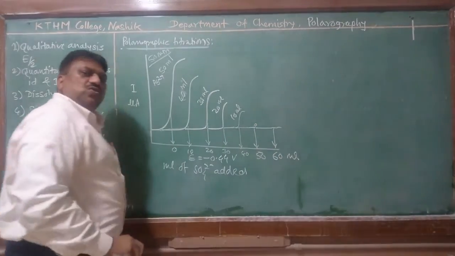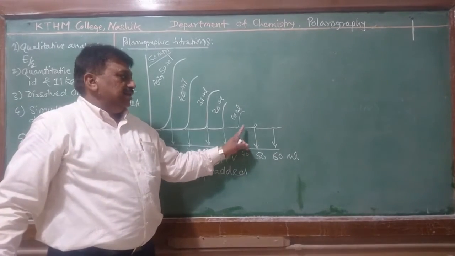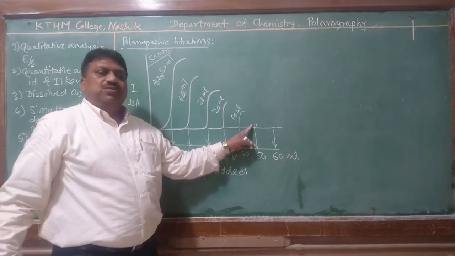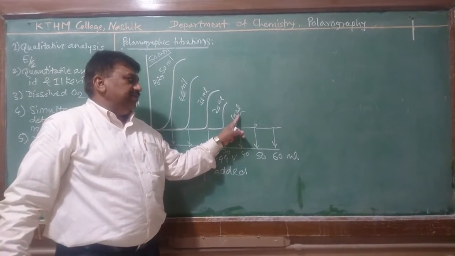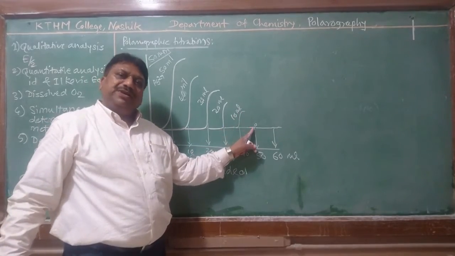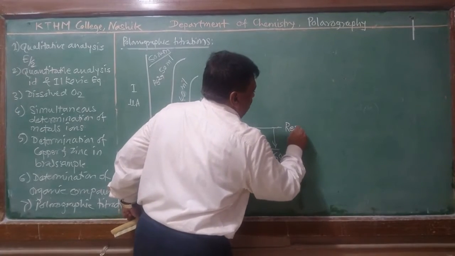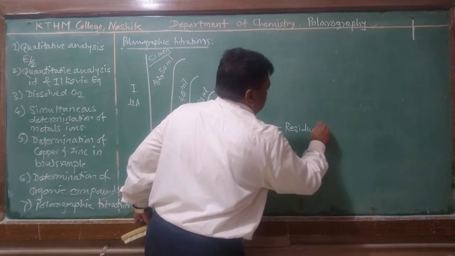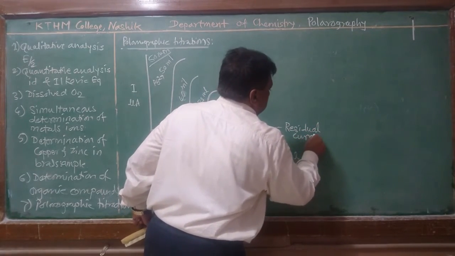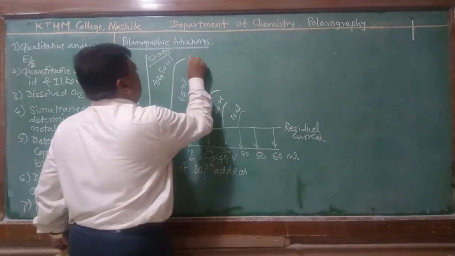That means there is no reducible species, therefore there is no wave. The diffusion current or limiting current becomes equal to the residual current. This is the line of residual current, and here this is a limiting current.